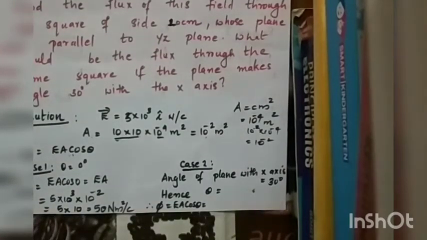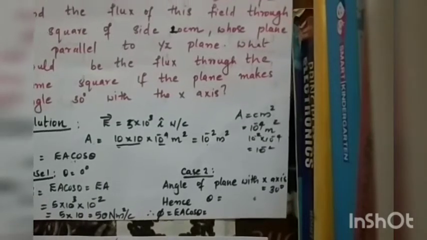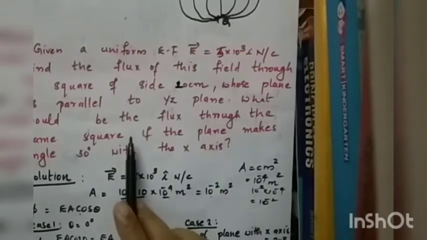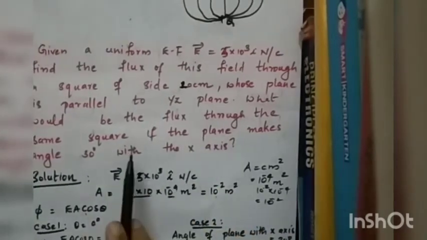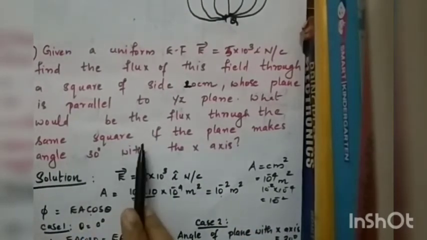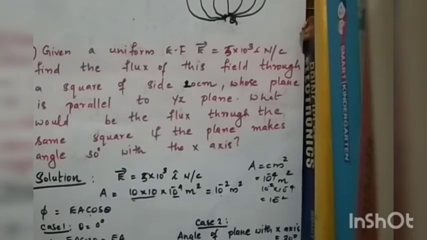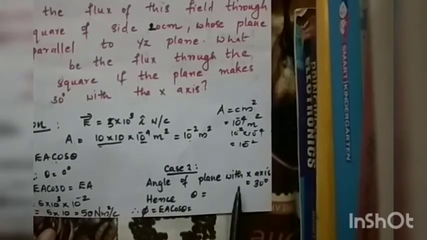Now, what is the second case, my dear children? What would be the flux through the same square if the plane makes an angle 30 degree with the x-axis? Listen here. Case 2 is a little bit difficult. The angle of the plane with the x-axis is given as 30 degree.